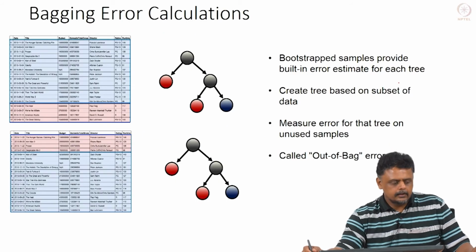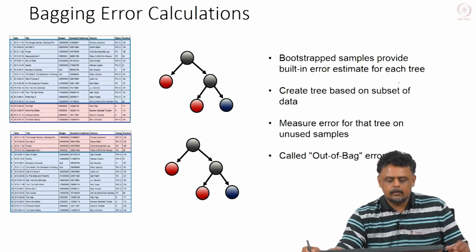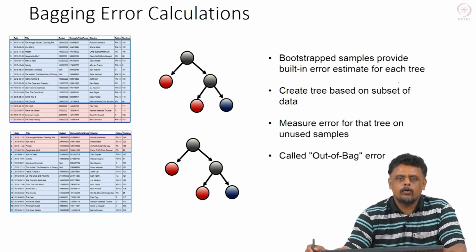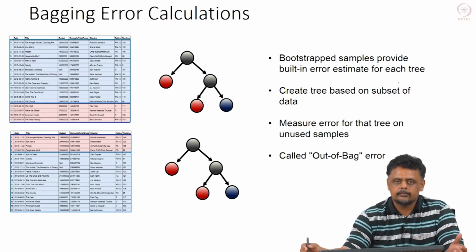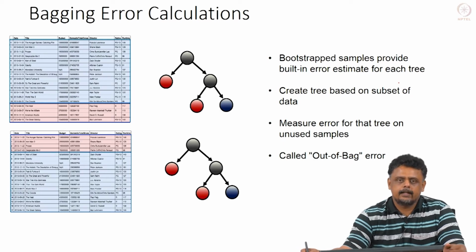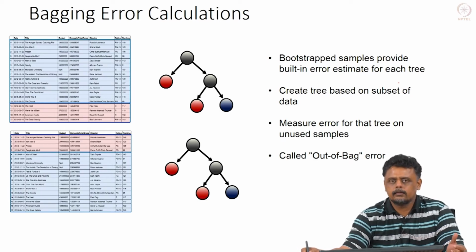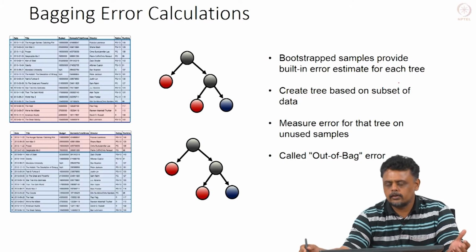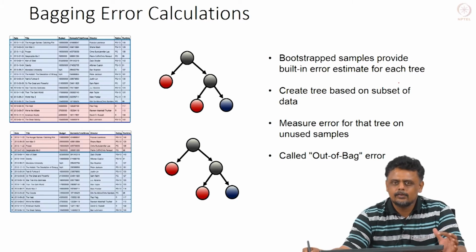One of the ways of calculating the error or validating your machine learning algorithm, as we have seen earlier, is k-fold cross validation or n-fold cross validation. It is kind of difficult to do, as you can imagine, with the bagging approach.